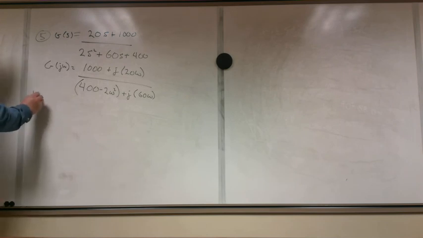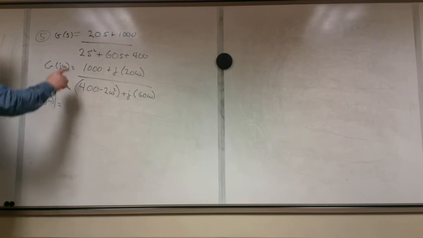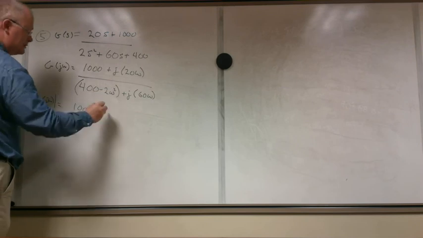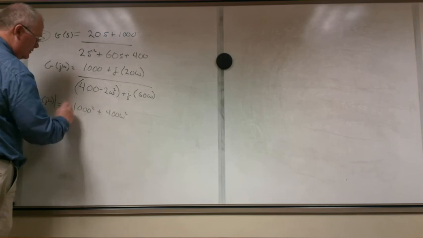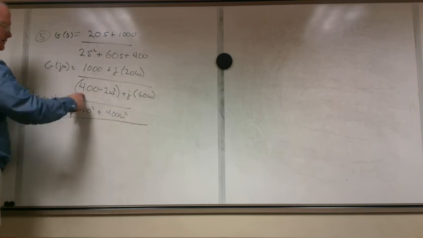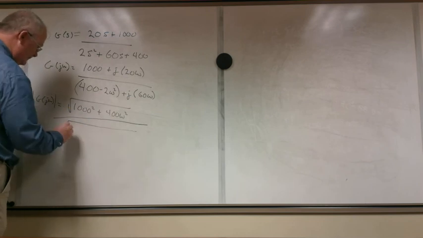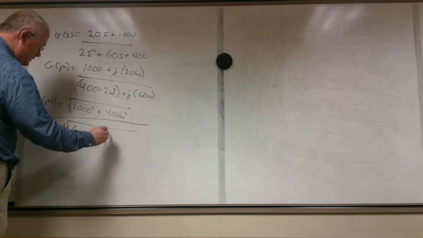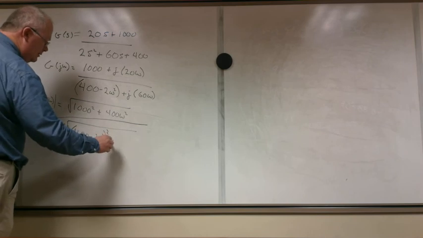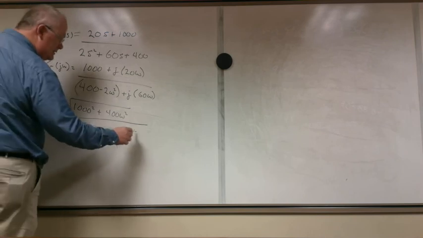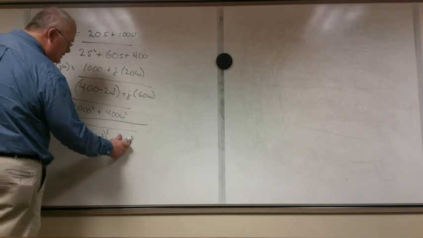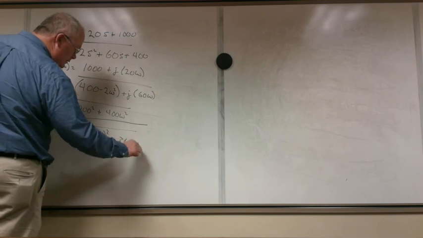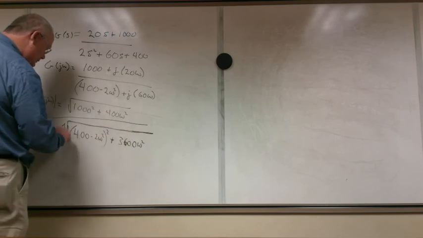Now the magnitude of G(jω) is equal to the magnitude of the numerator, which is the square root of the real part squared plus the imaginary part squared, all divided by the square root of the real part of the denominator squared, so 400 minus 2ω squared, plus, leaving off the j again, 60ω squared. 60 squared is 3,600ω squared.